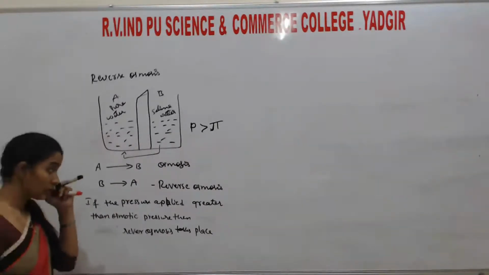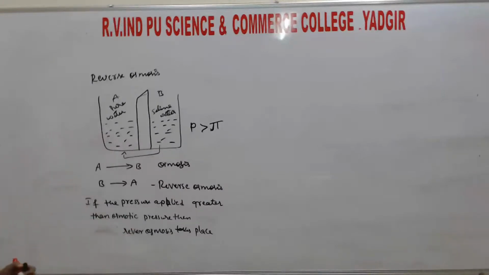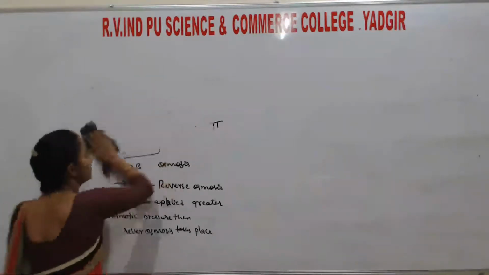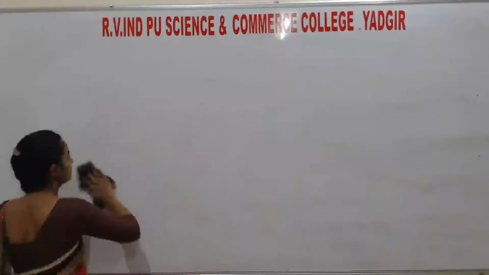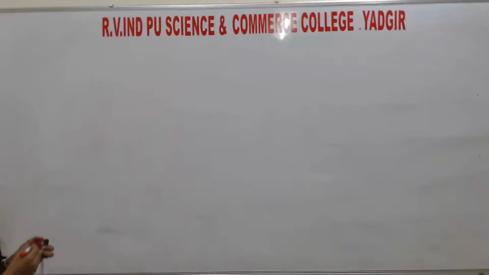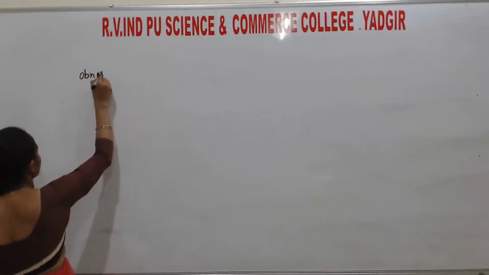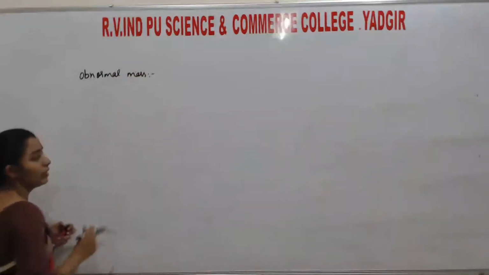So another point is normal and abnormal, then I write here, abnormal mass.